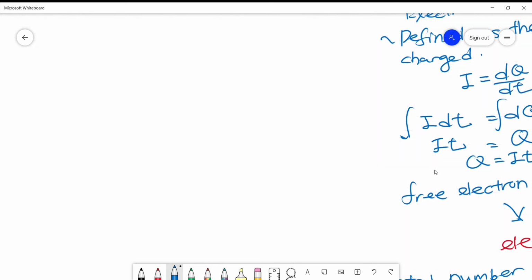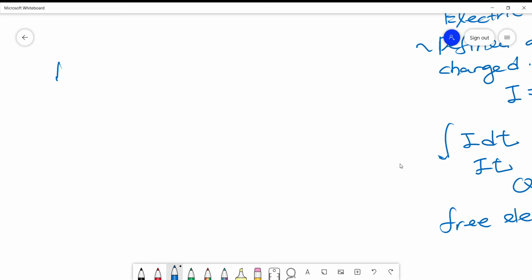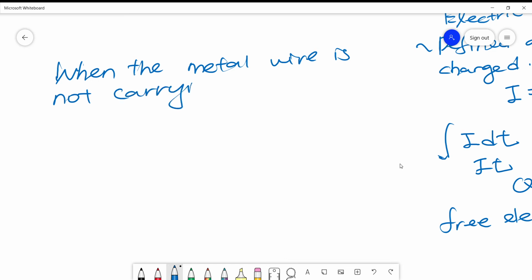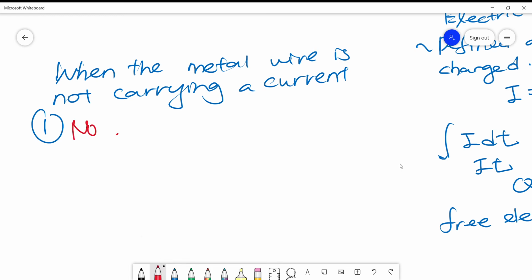When the metal wire is not carrying a current, with no current flowing from one end to the other, it means that no electric field is supplied.